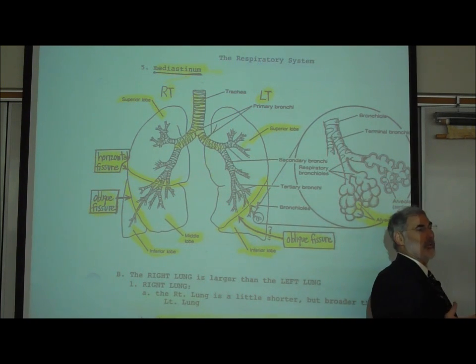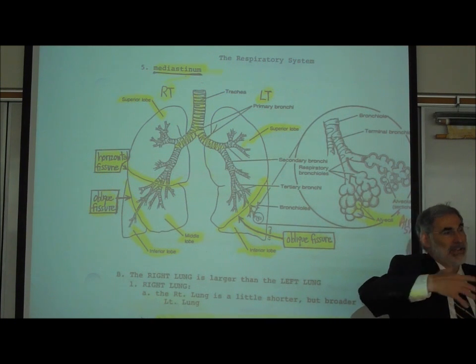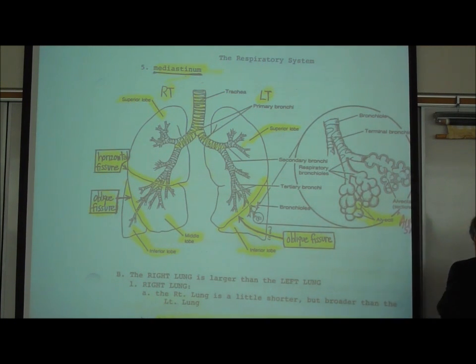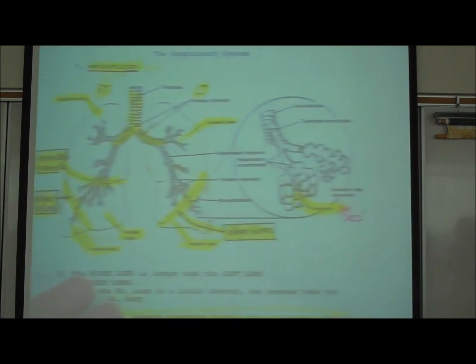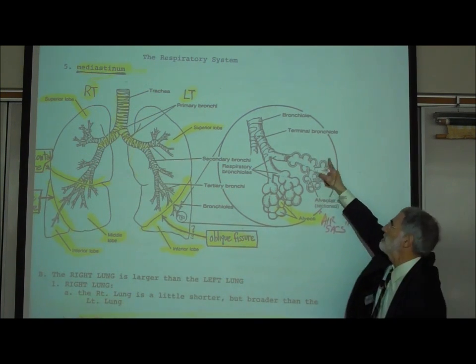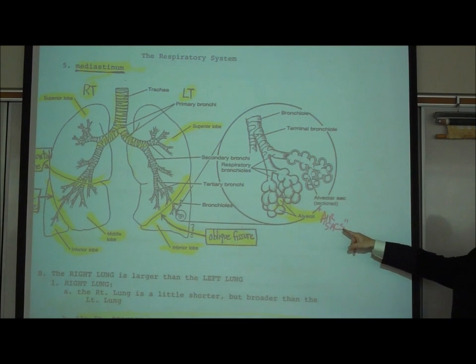We know that our right kidney sits lower than our left kidney because our big liver is on the right side of our abdomen, and it causes our right kidney to sit lower than our left kidney. So the position of these organs affects their shape and their location. Now, these airways divide into smaller and smaller branches until they finally terminate in these tiny air sacs called alveoli.